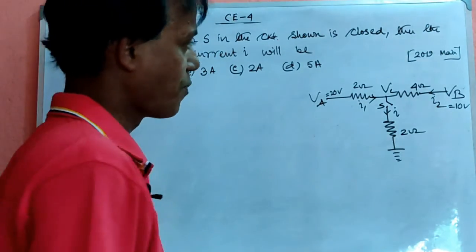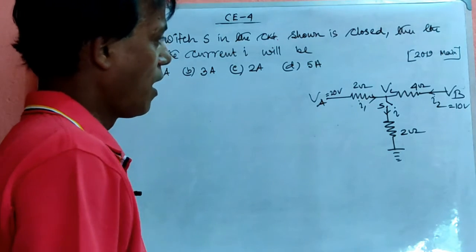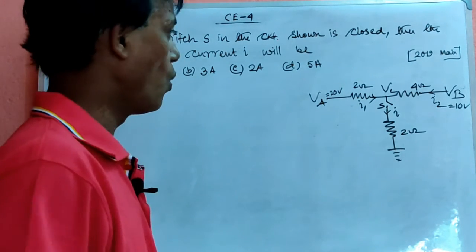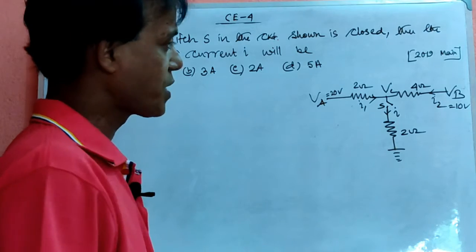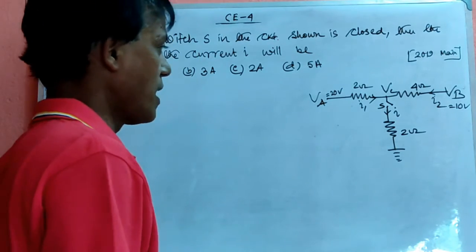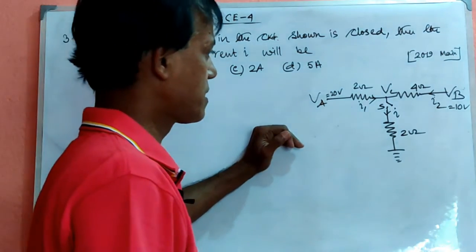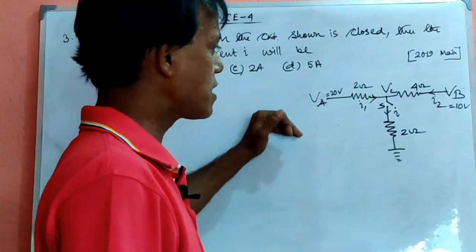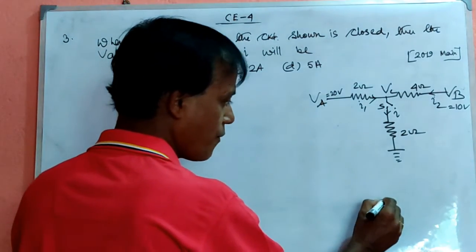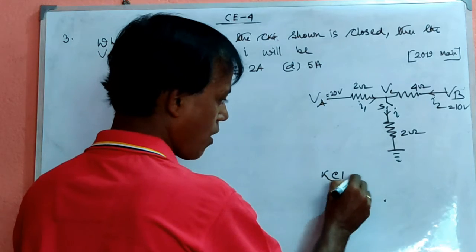If we watch this problem very carefully, then we must know Kirchhoff's current law, which states that the sum of all the currents directed to a point, Kirchhoff's current law.